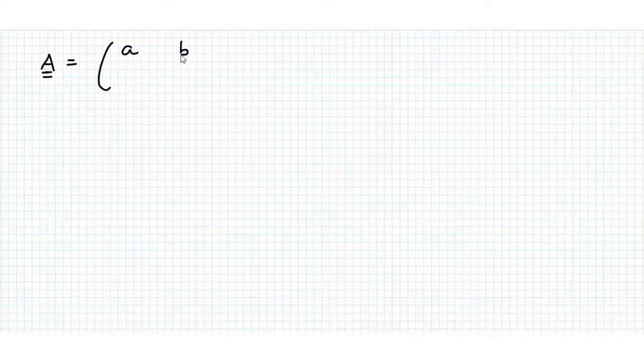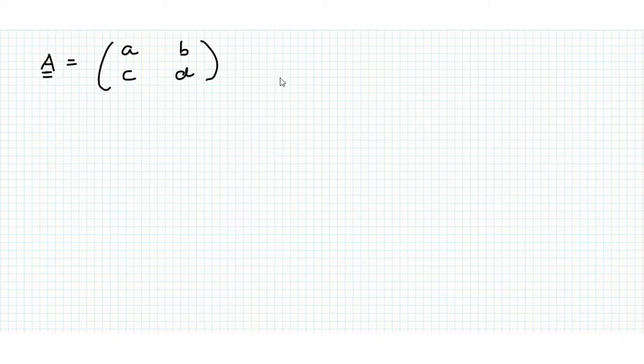If we've got a matrix A, and that's equal to a, b, c, d, but A could be any square matrix, right?